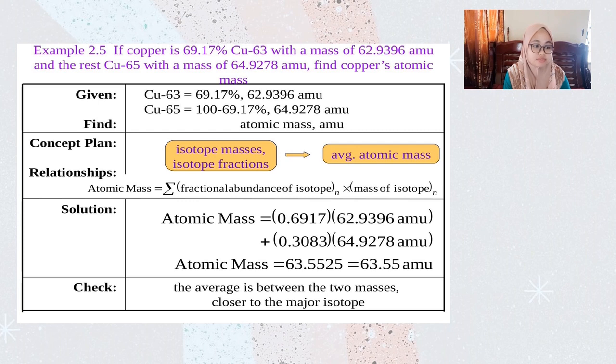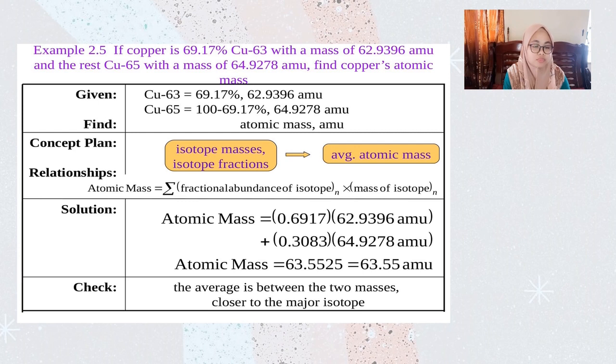For the solution, the atomic mass is bracket 0.6917 times 62.9368 AMU plus 0.30083 times 64.9278 AMU.